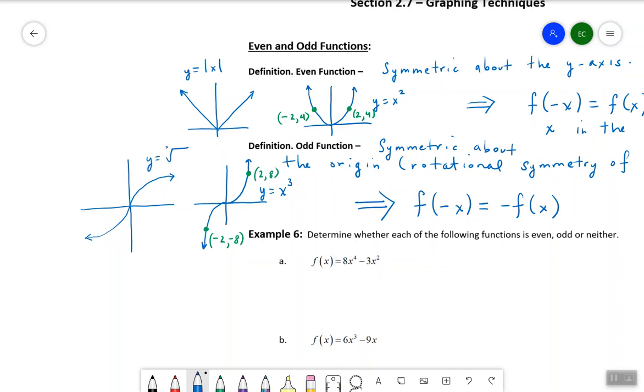And in fact, y equals x is also an odd function. So three examples of odd functions there.